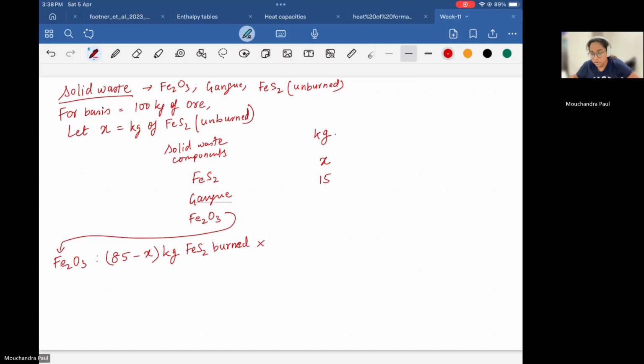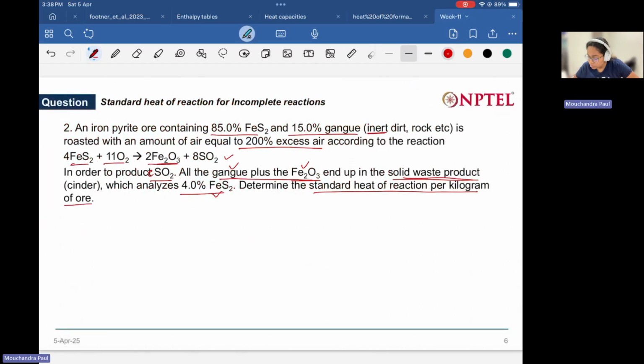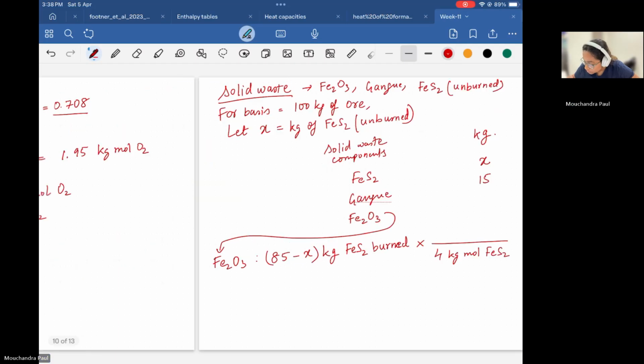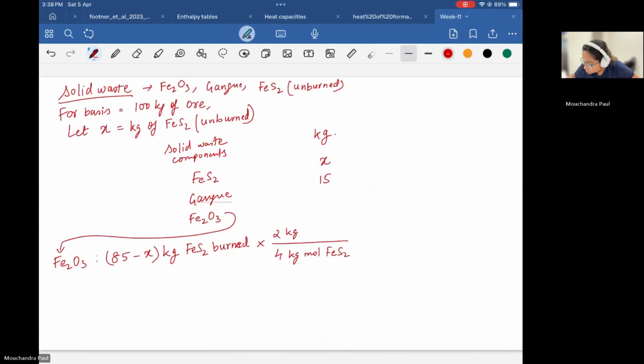Now, for every 4 kg mole of FeS2, you need 2 kg mole of Fe2O3. Okay. Now let's convert these kilomoles into kgs.